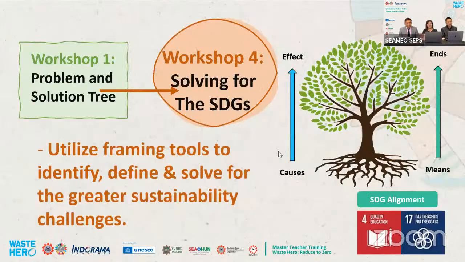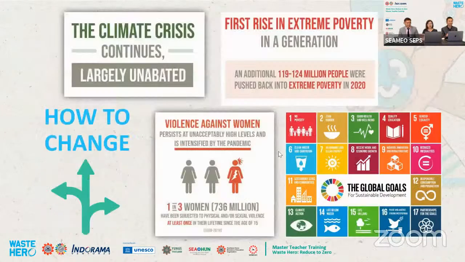Okay, the problem and solution tree from workshop 1 could also apply to workshop 4 about solving for the SDGs, by encouraging your students to use this tree to solve problems for the greater sustainability challenges. To encourage this, you may read about global issues to your students, right?